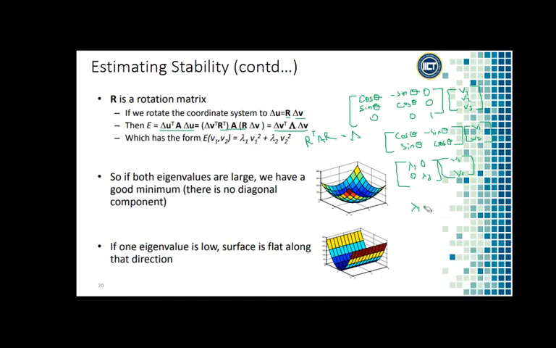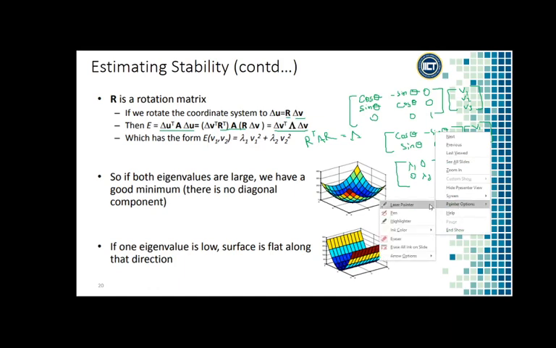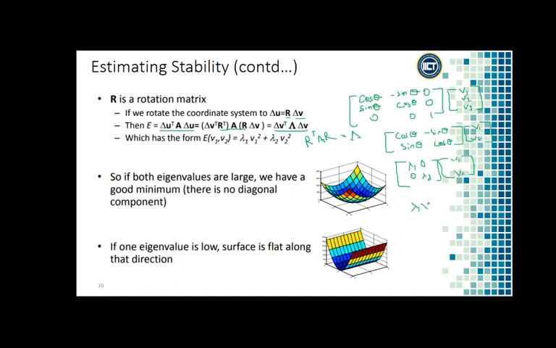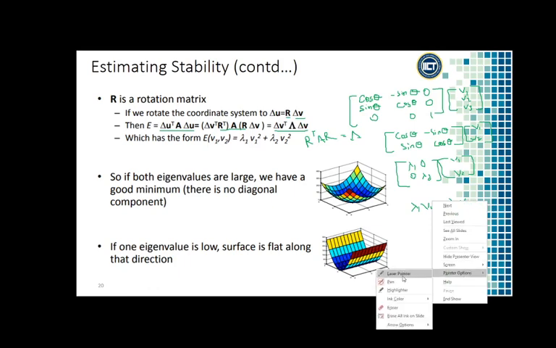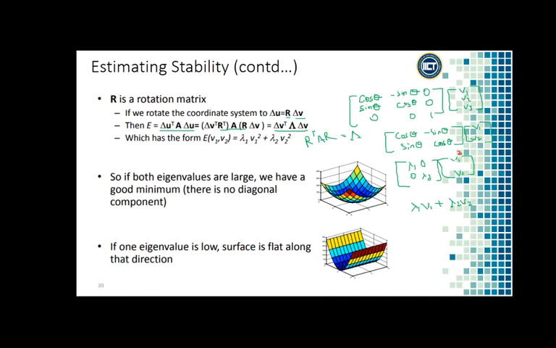Lambda 1 V1 plus lambda 2 V2. Here we have V transpose multiplied by V, so it will be V square. So if you replace it with square terms like this, you can just write V square. So it's just the multiplication of the matrix and the vector.